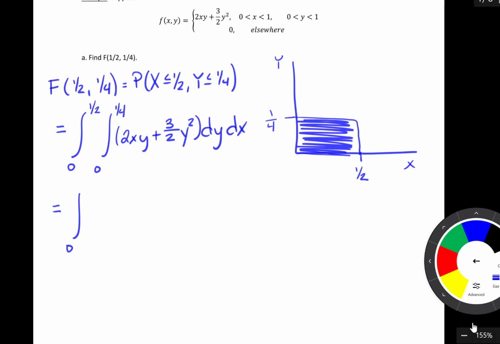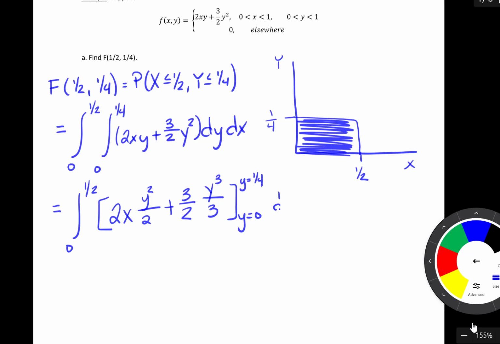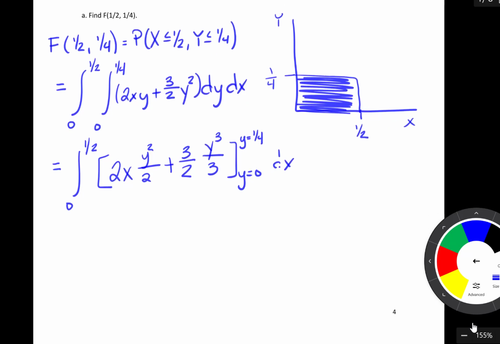First, integrating with respect to y. And we do get some cancellation here.